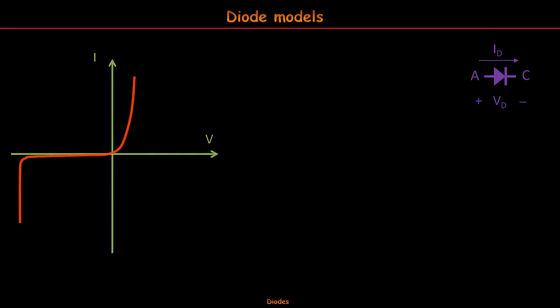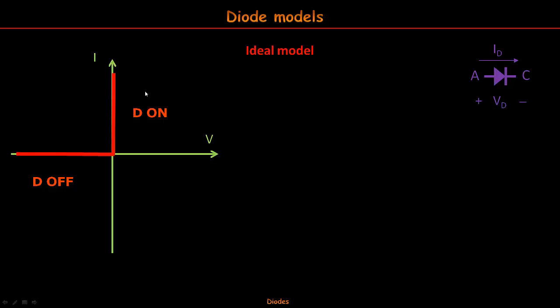The first approach is the one of the ideal model. This is as simple as replacing the characteristic curve by this one. An off zone, reverse bias, where the diode does not conduct, there is no current through it, and an on zone, forward bias, where the current is not limited by the diode, but by the rest of the circuit.